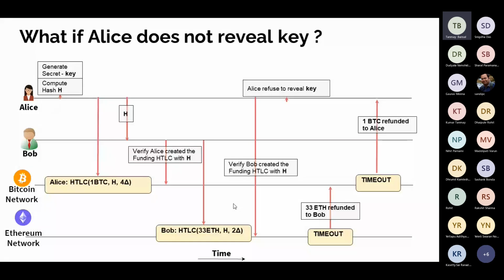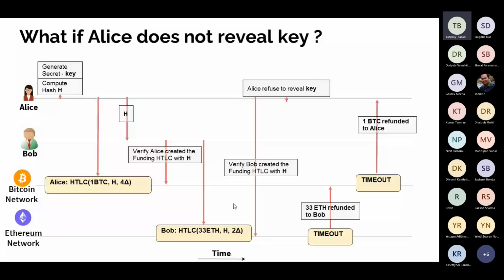So, if Alice does not reveal her key, then first Bob's transaction will time out, and Bob will get a refund of his 33 ethers. And after that, when Alice's timeout occurs, Alice would get back the 1 Bitcoin.